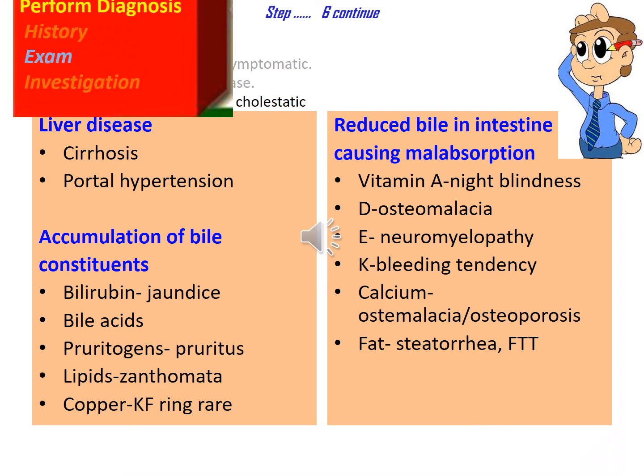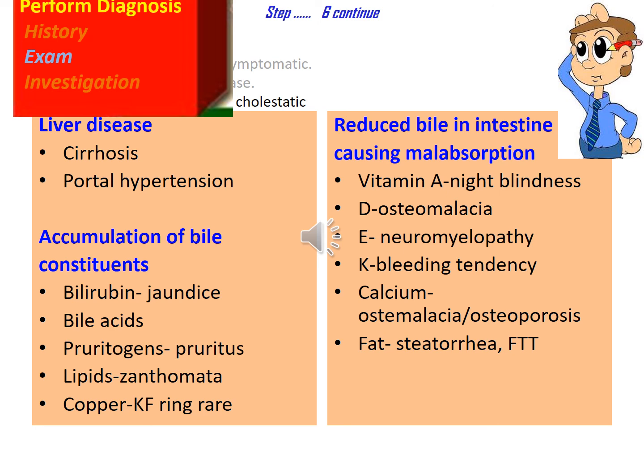During examination of the patient, we look for stigmata of chronic liver disease, stigmata of hepatocellular decompensation, cirrhosis, or vascular decompensation, portal hypertension. Look for stigmata of accumulation of bile constituents. Jaundice, if bilirubin accumulated; if bile acids accumulate, it will cause pruritus.